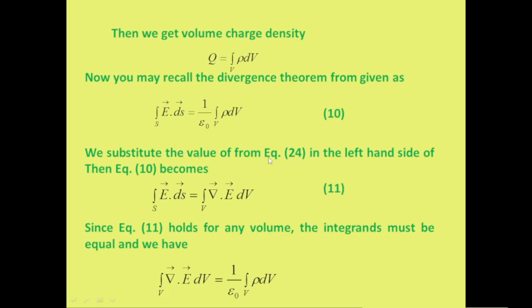We substitute this value in the left hand side of equation 10. So integral of del dot E dV is equal to 1 divided by epsilon naught integral of rho dV.